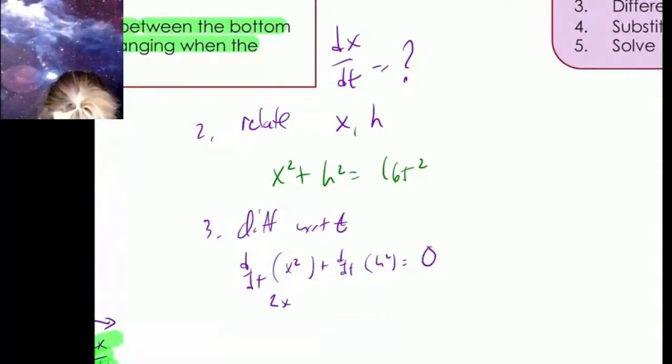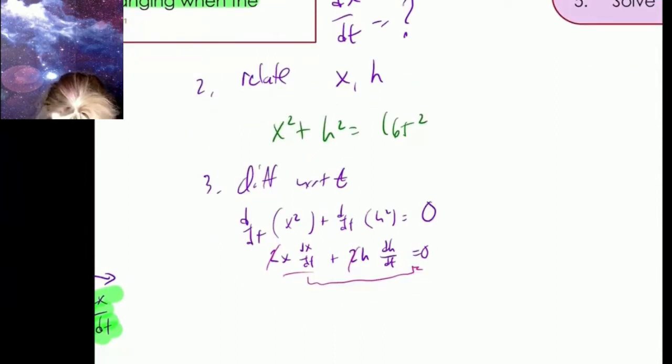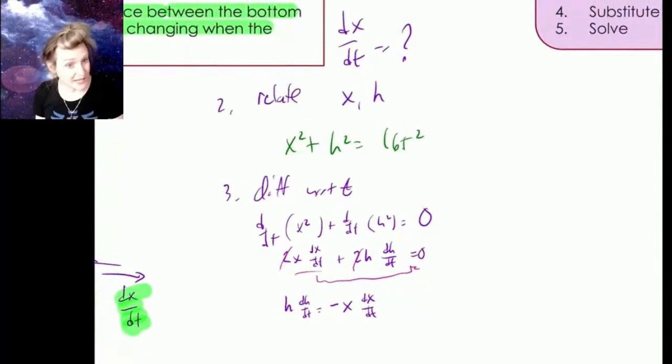So I have 2x times dx/dt plus 2h times dh/dt equals 0. Cancel some 2's, move an x to the other side, and we'll have that h times dh/dt equals minus x times dx/dt. It's got this really nice relationship between h, dh/dt, x, and dx/dt.